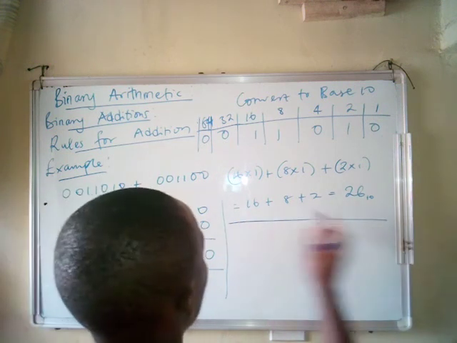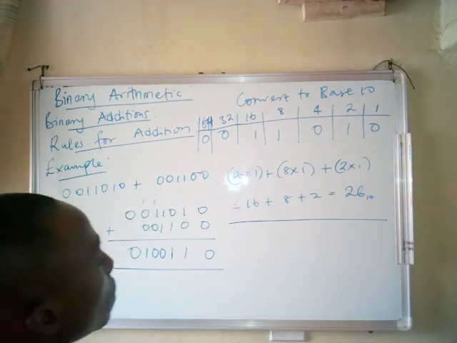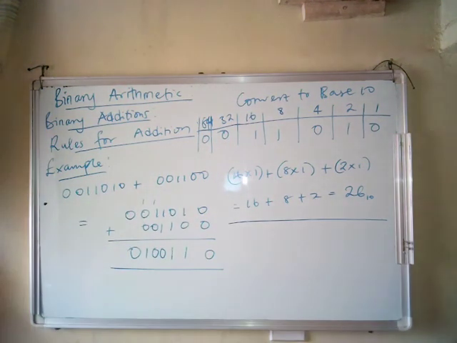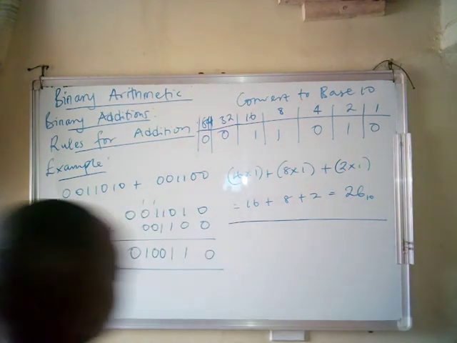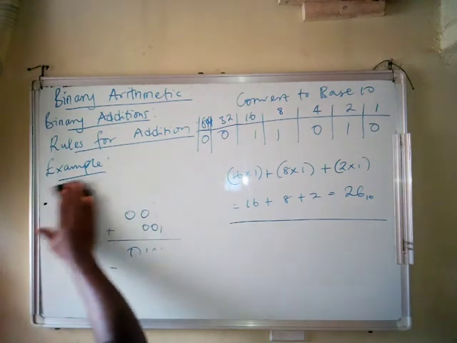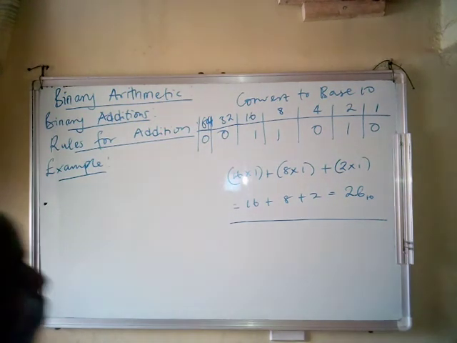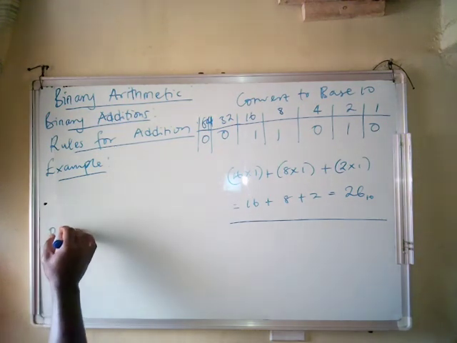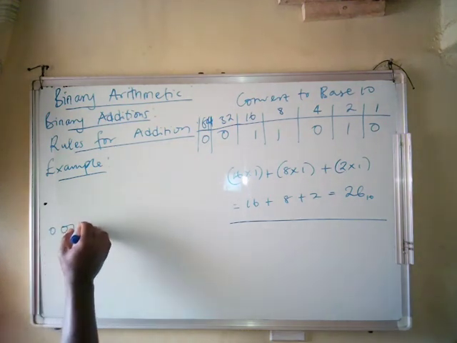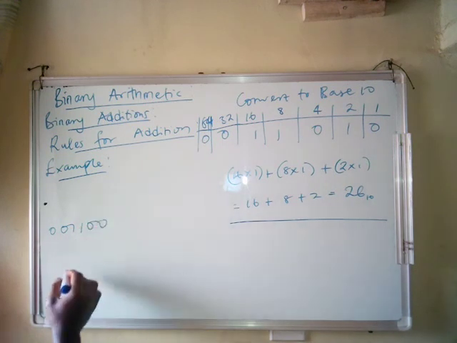So let's try the other one. Let's create some space, so I'm going to clean this. The other one, you have 0, 0, 1, 1, 0, 0.